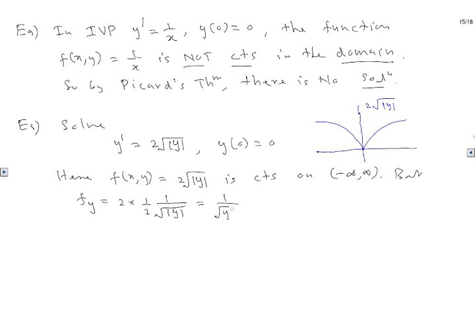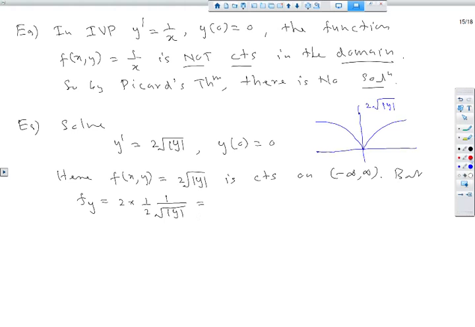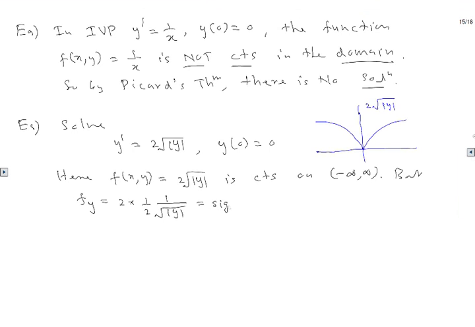The best way to do this is to consider two different sides: the positive y and the negative y. You have to consider the two signs separately, but you can just write a general one. So what you get is the sign of y times 1 over the square root of the absolute value of y.